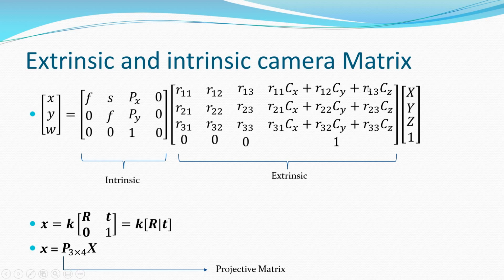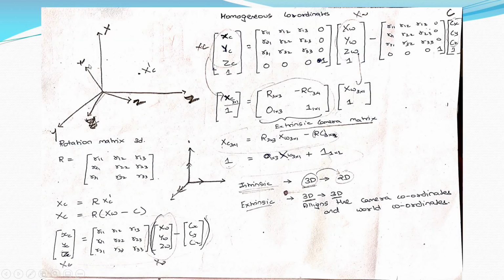Hence I have named these things as capital T. So this is rotation, and then you have translation. These are the translation parameters. They tell you how much to translate these camera vectors or camera bases, so that you can align both the camera and the world coordinates.